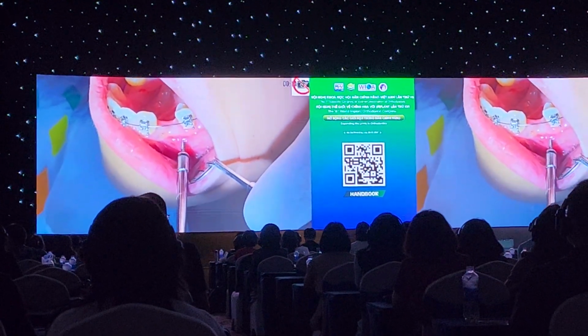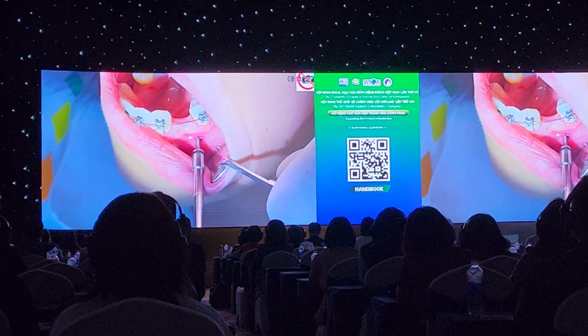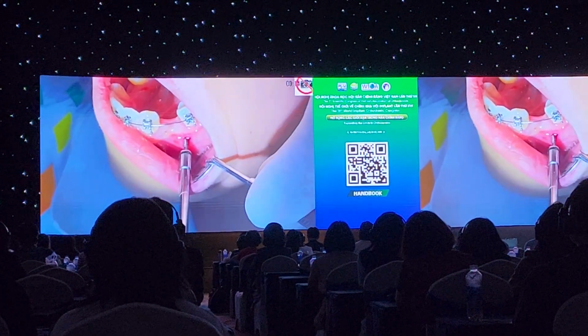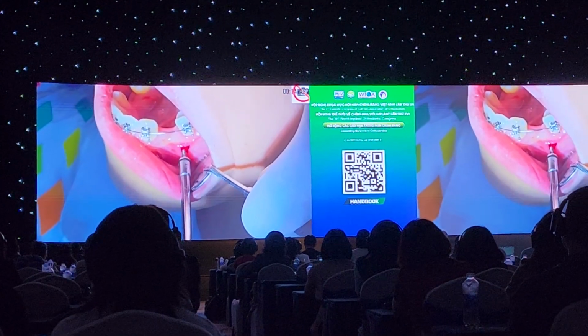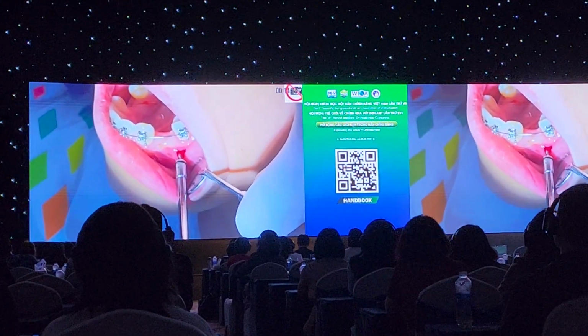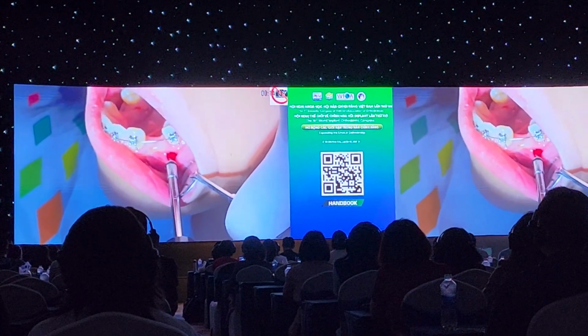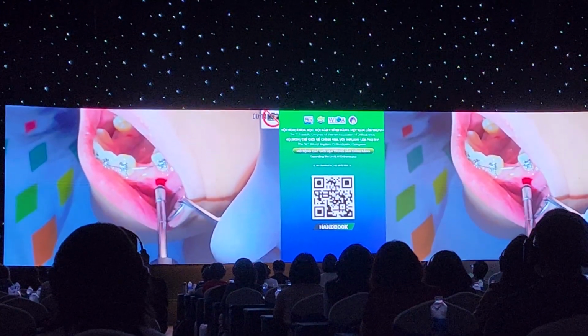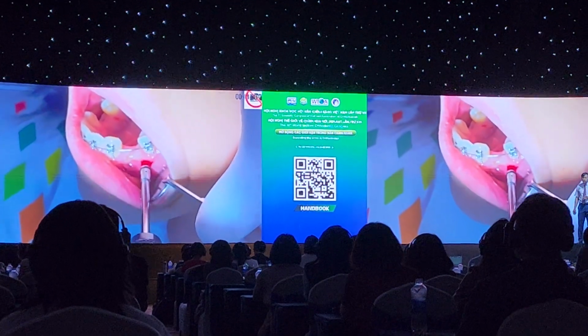So the mini screw on the extraction side is very simple. And in the mechanics, it will help us to control the incisor in the vertical dimension.